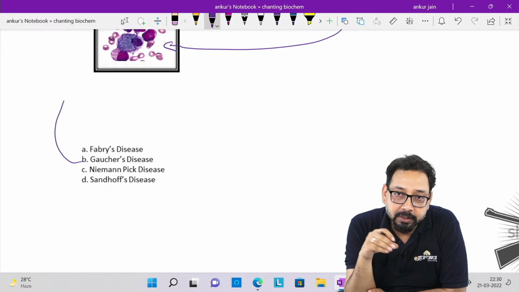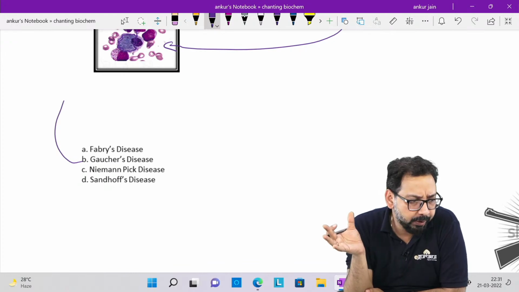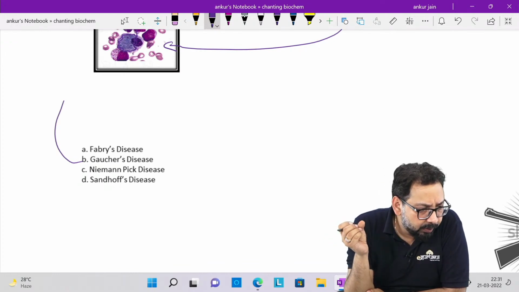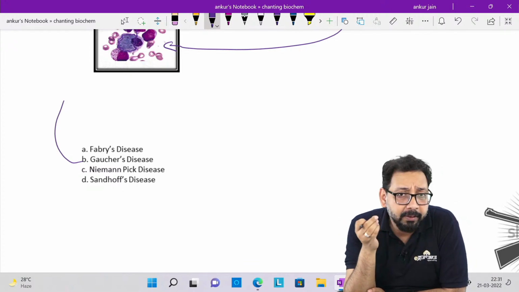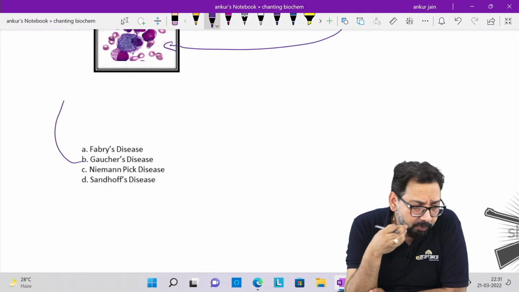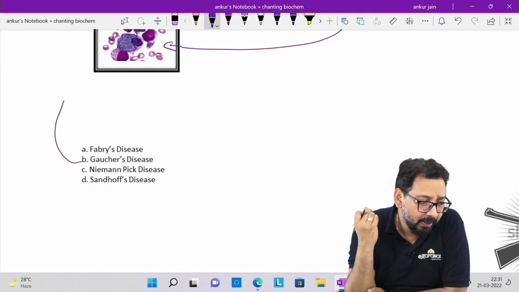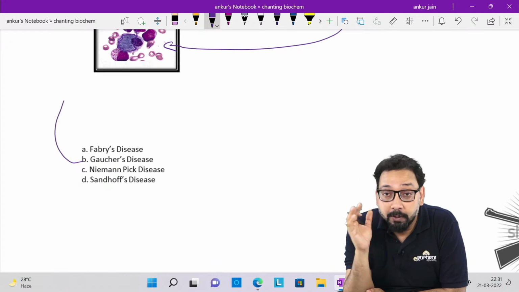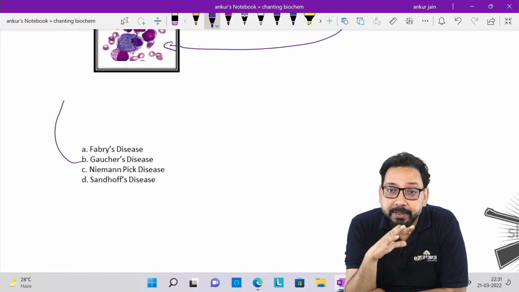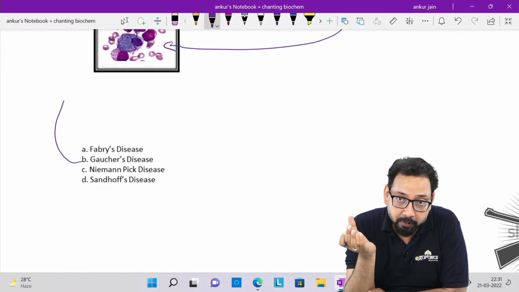So in the last we will do continuous chanting. Anonymous gave its own thought. So we will in the last, before the exam, do more and more chanting, continuous chanting, more questions, so that we will be in flow. Okay.